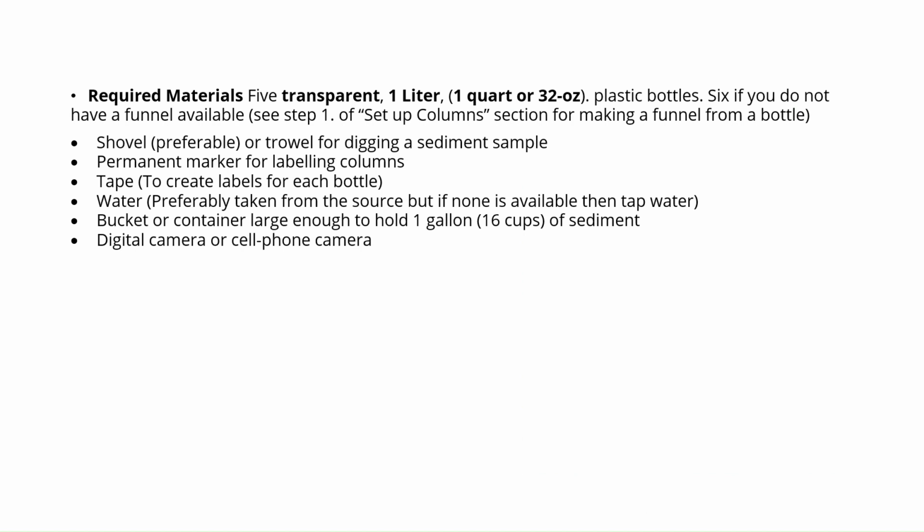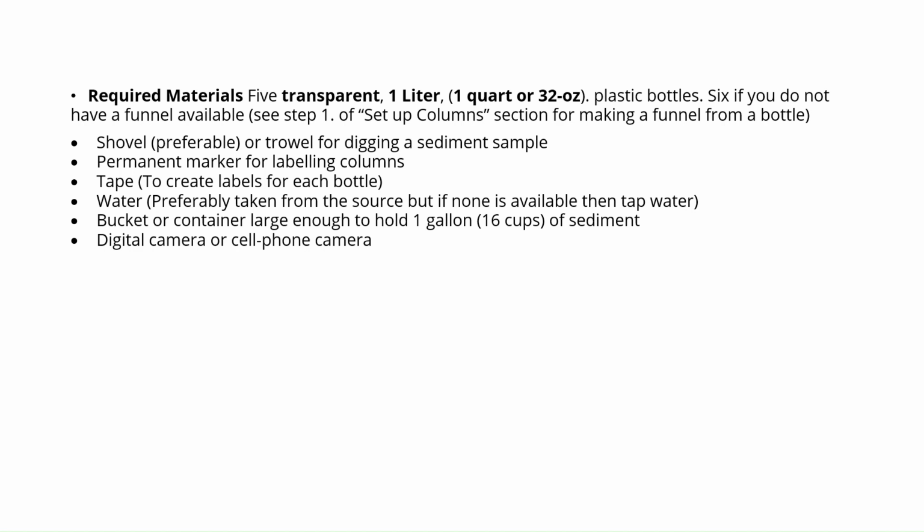This is an online course, so you have to provide all of these materials. You're going to go acquire a soil sample from the field. And so you're going to need all of these materials for that. You're going to need a shovel or some sort of a trowel for digging up the sediment sample. You will need a permanent marker for labeling your columns.